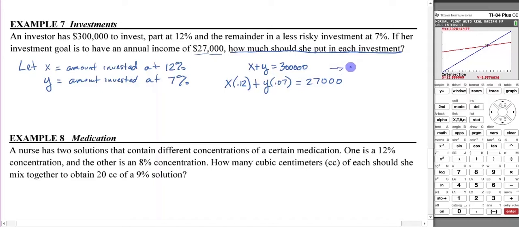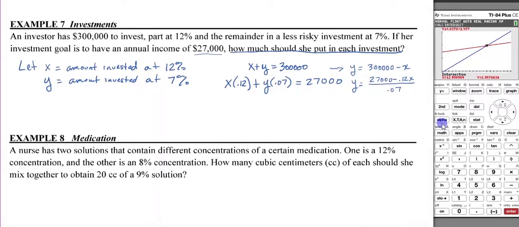So I'm going to solve this for Y. Y is 300,000 minus X. And here Y is 27,000 minus 0.12x, all divided by 0.07.